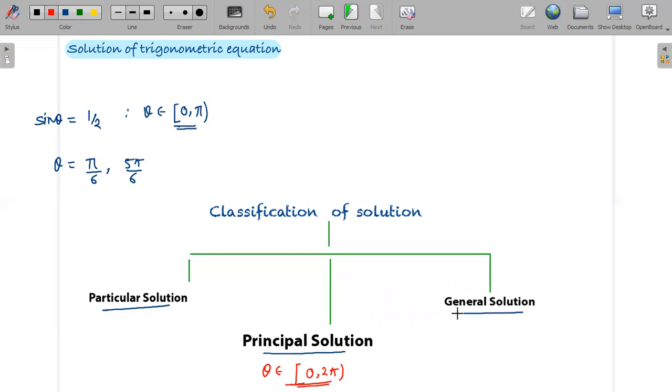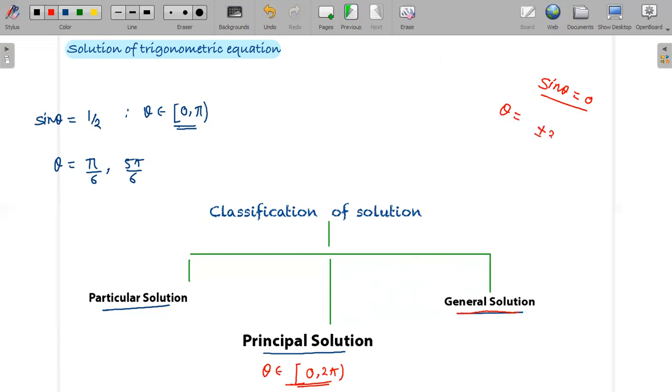Now the third and very important one is the general solution. General solution means it is not feasible to write each and every solution which we get from any equation. That is the reason we need to generalize the solutions. For example, say I have the equation sine theta equals 0. If someone asks you to write down the solution for this equation, it is not feasible to write each and every solution.